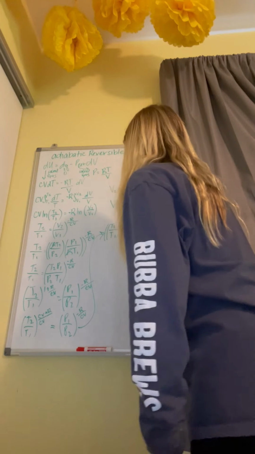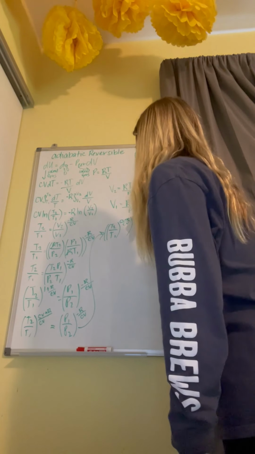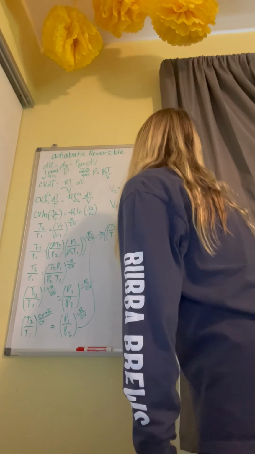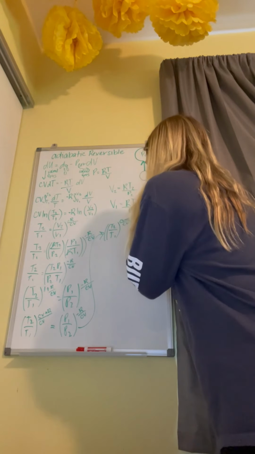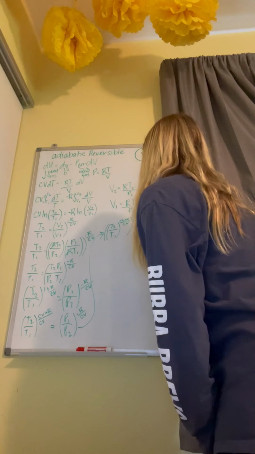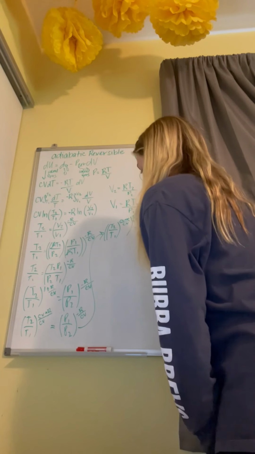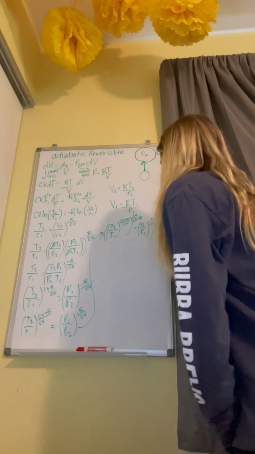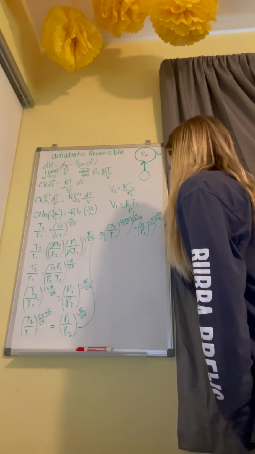And we are going to take this to the power of CV over CV plus R. And we are going to set this equal to P1 divided by P2 to its power, which is negative R over CV, to the same power of CV over CV plus R.